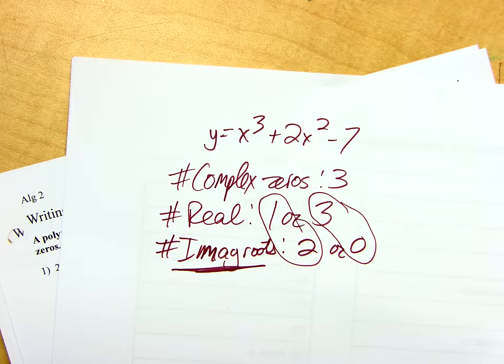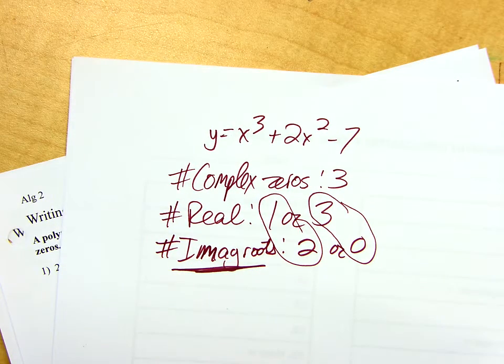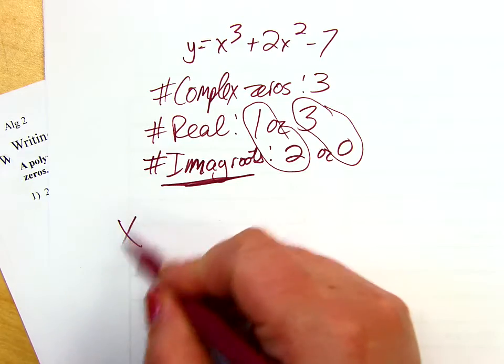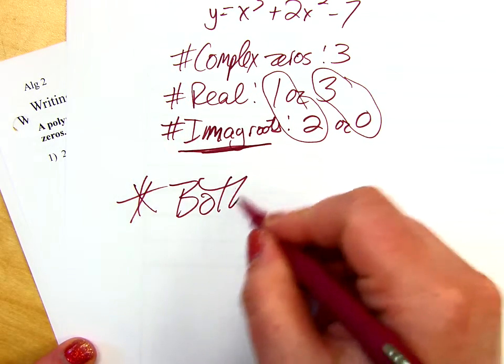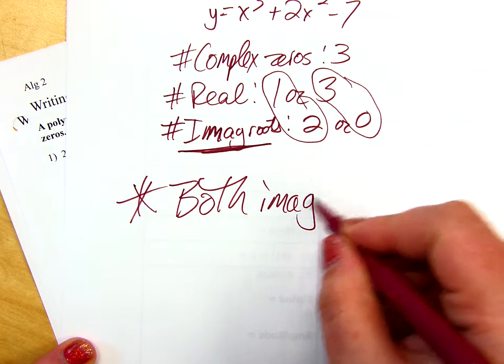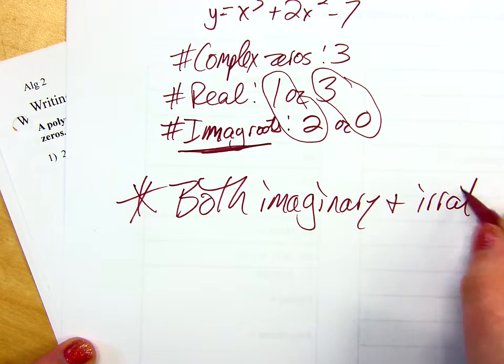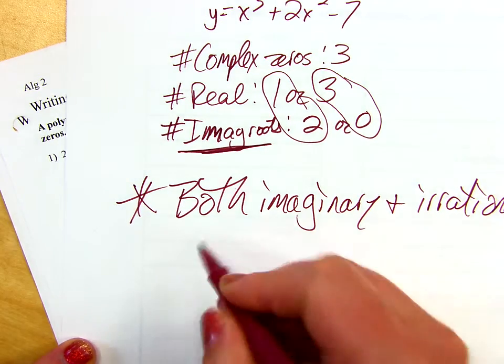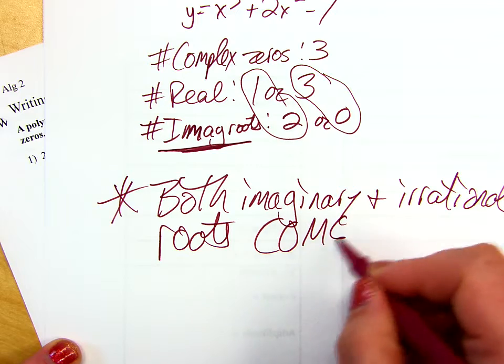Not only do imaginary roots come in pairs, so do irrational roots. So we've kind of left irrational out of this whole scene so far, but now we're going to bring them back in. So, a big thing to note today, both imaginary and irrational roots come in pairs.